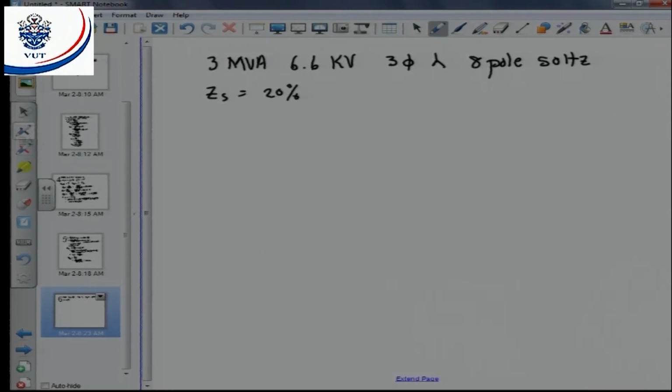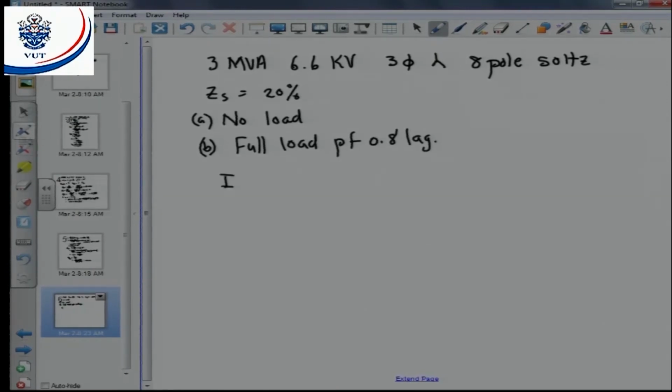Calculate the synchronizing power and torque per mechanical degree of phase displacement at no load and at full load, for a power factor of 0.8 lagging.